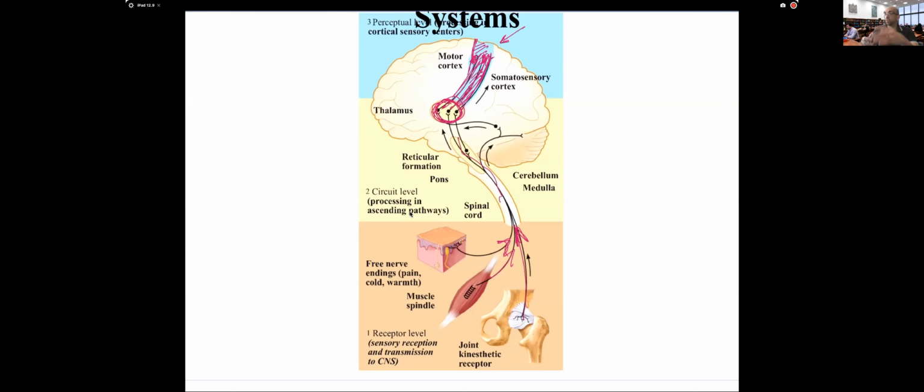But you don't need only those sensations to know the state of your joint, the pain, the cold, the warmth. You need all those sensations also to be integrated with other brain centers that will allow subconscious level of regulation, like the one that is taking place in the cerebellum.